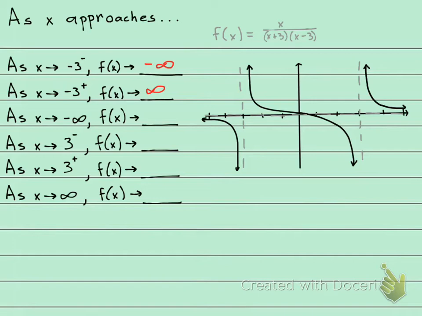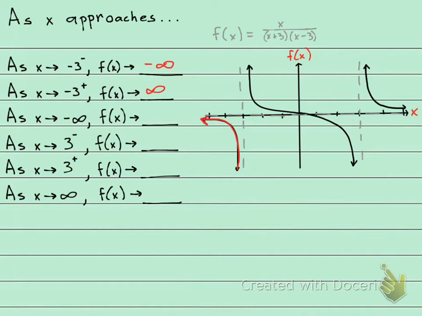Let's look at one more. As x approaches negative infinity, what's happening to the f of x? Well, if we follow this graph on the x-axis, let me label this x and this f of x, and if we're following this graph from right to left, and we go back to x as negative infinity, where is our f of x going?